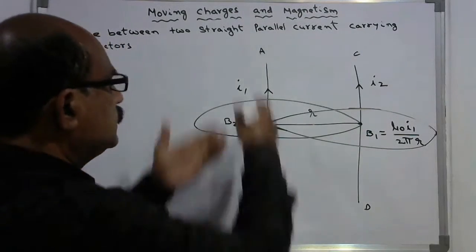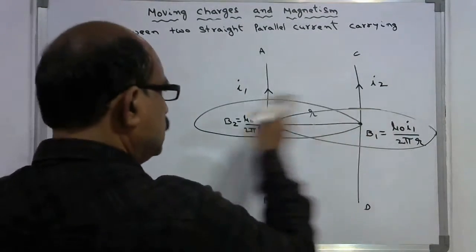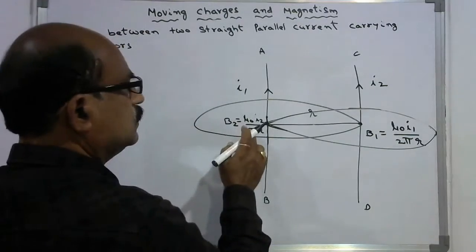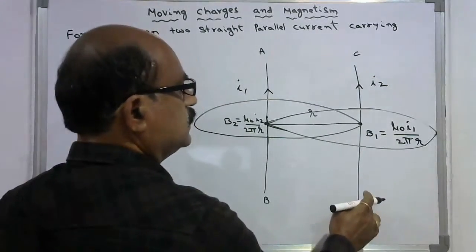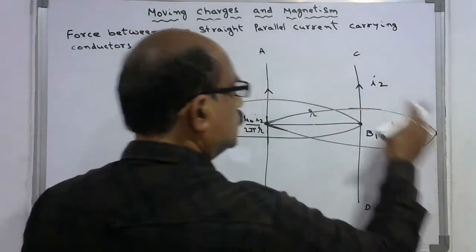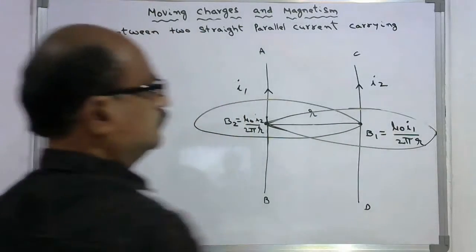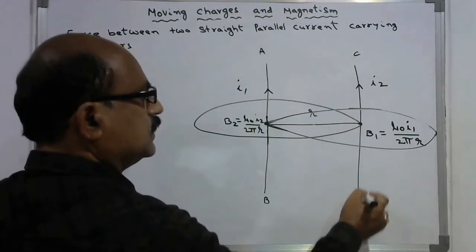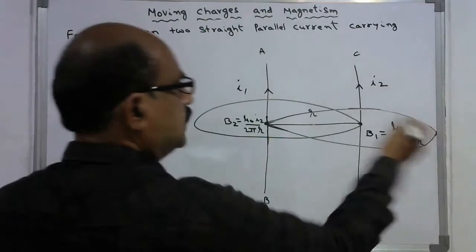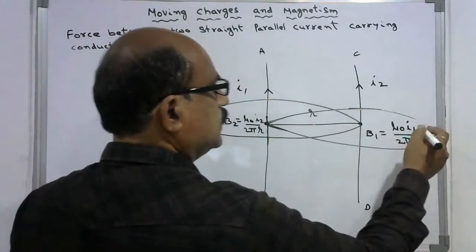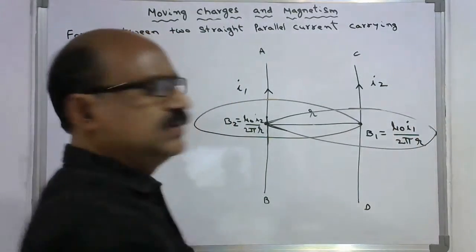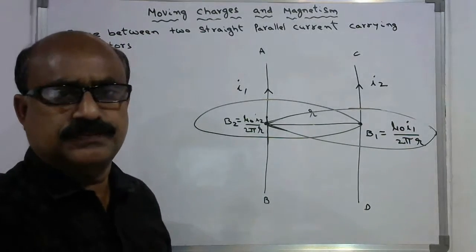Then, this conductor is placed in a magnetic field of B2, and this conductor is placed in a magnetic field B1. When a current carrying conductor is placed in a magnetic field, it is influenced by a certain force.